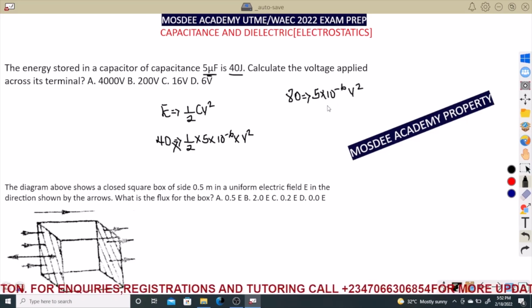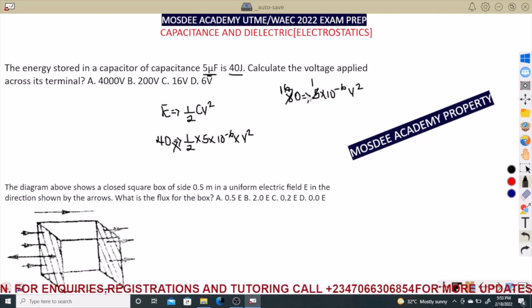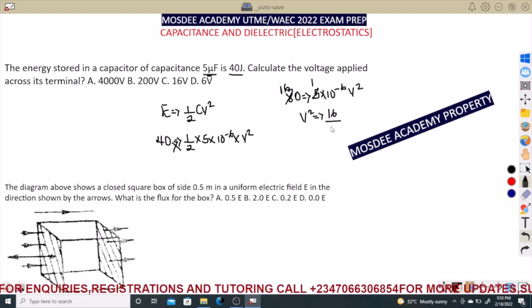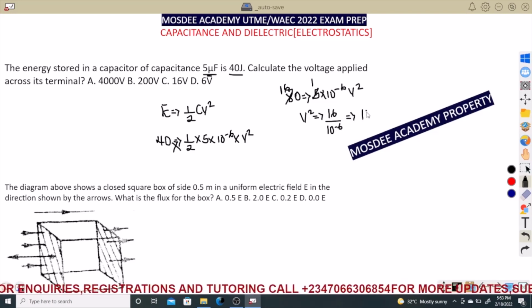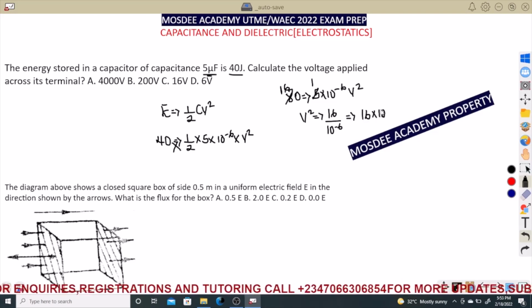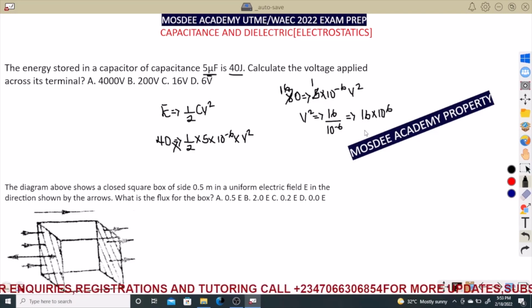You can cut 5: 5 in 80 is 16. So V squared is equal to 16 over 10 raised to the power minus 6, which you can write as 16 times 10 raised to the power 6, since minus 6 returns to plus. So V squared, and what you need is V.